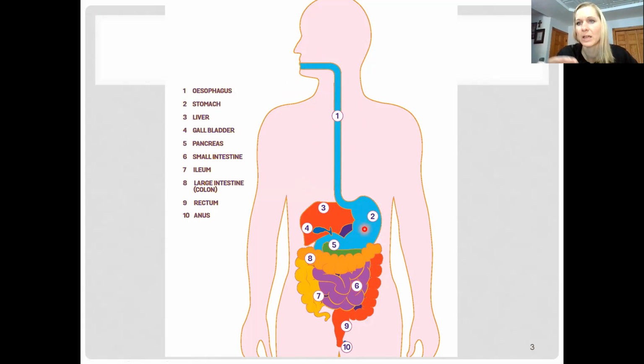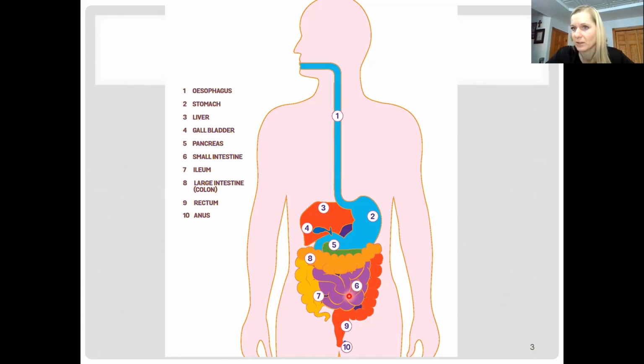Once the food is manipulated within the stomach, it'll then move into the small intestines, which can be shown number 6, so kind of like this purple area. And that's where most of the absorption of those nutrients occur. And again, absorption just basically involves the movement of those food molecules from in the digestive tract to into the bloodstream.